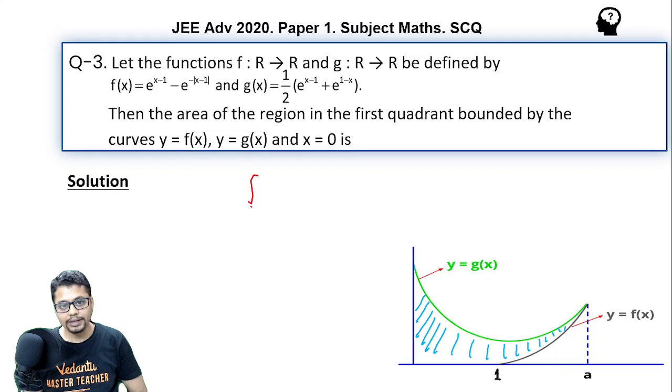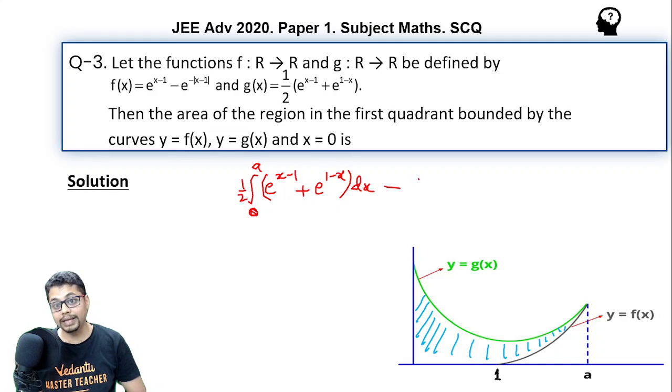So it becomes integral 0 to a g of x dx, which is basically half times e to the power x minus 1 plus e to the power 1 minus x dx minus integral 1 to a f of x dx, and for x greater than or equal to 1 f of x is e to the power x minus 1 minus e to the power 1 minus x.